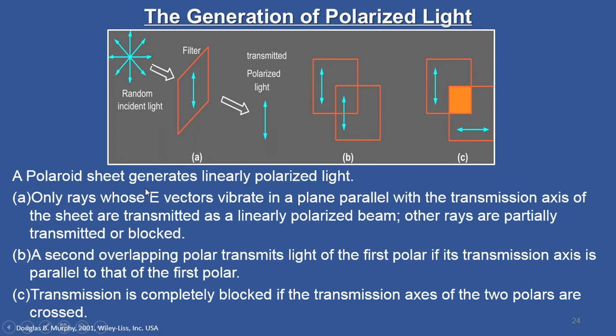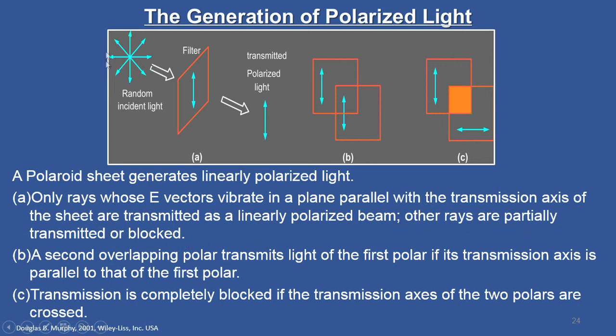A Polaroid sheet generates linearly polarized light. That means this is a polarizer, Polaroid. Only rays whose E vectors vibrate in a plane parallel with the transmission axis of the sheet are transmitted as a linearly polarized beam. Other rays are partially transmitted or blocked.